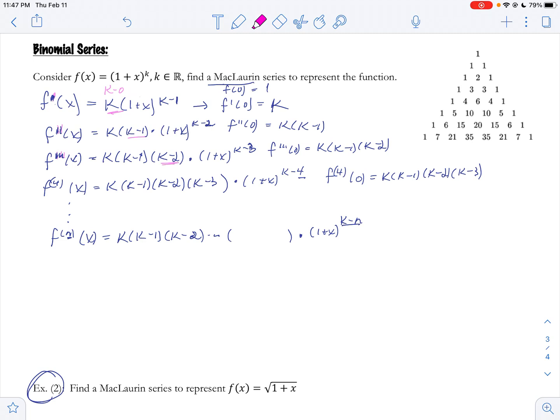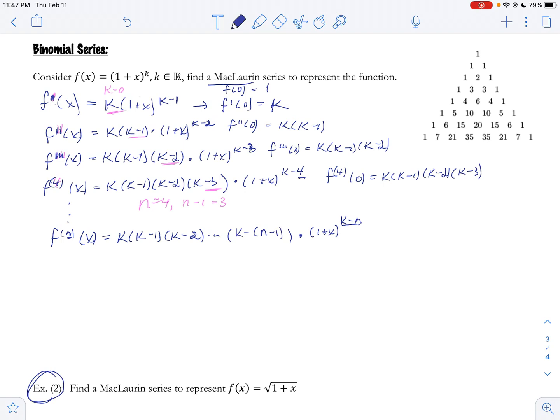And on the fourth, we go to k minus 3. So it seems like we're always going to the number that's right before the n value. So if n is 4, then n minus 1 is going to be 3. So it seems like we go from k minus 1 all the way down to k minus (n minus 1).